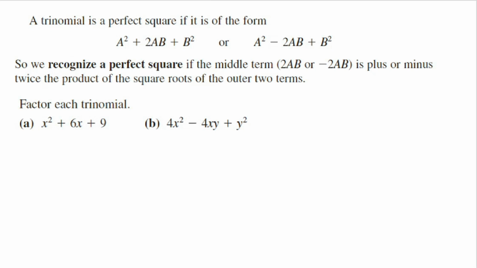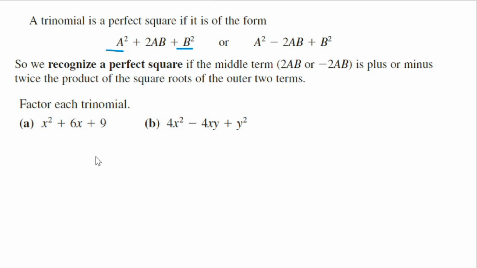Or we could say that it is twice the product of the square roots of the outer two terms. So the outer two terms are a squared and b squared. The square root of that is a, and the square root of b squared is b. So we have twice the product of the square roots, and that is now the middle term.